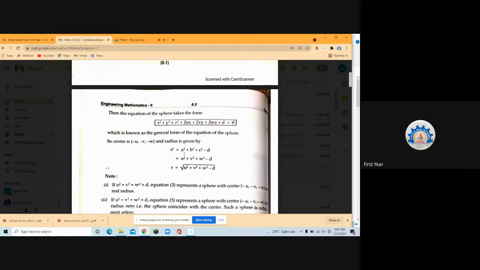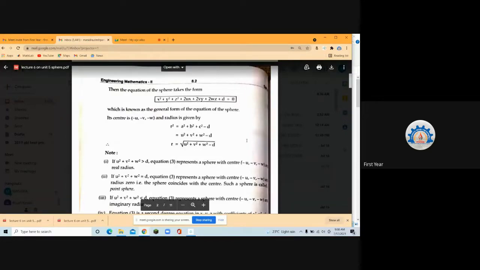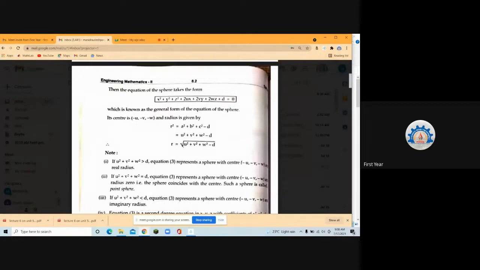So what is a? a is minus u, so a square will be u square, b square will be v square, and c square will be w square. Correct? Any doubt to anyone in this? Very simple. Straightforward? Yeah. So r square will be u square plus v square plus w square minus d, which gives you r as the square root of this. Okay. Now the conditions on r are, obviously, r should be positive.